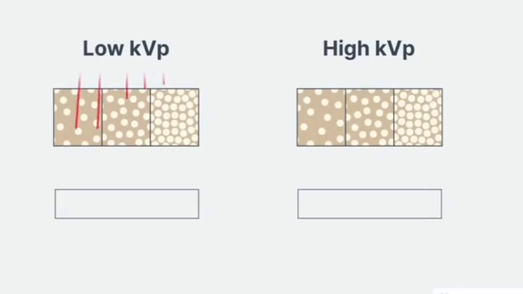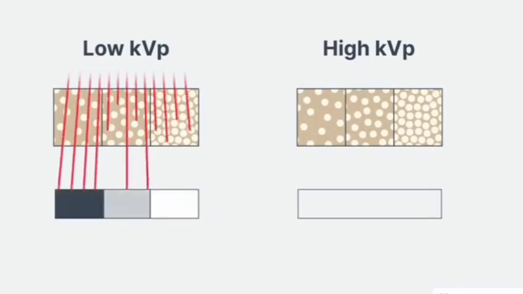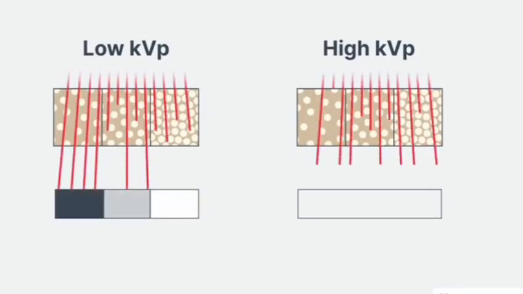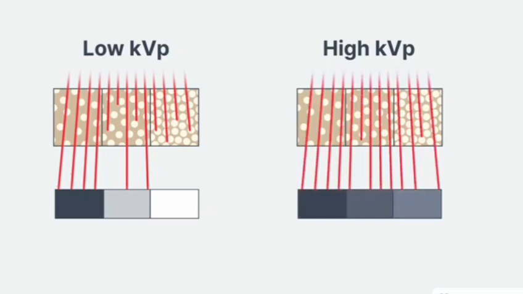Changing the KVP affects the signal difference in the remnant beam. When the KVP becomes too high for the part being imaged, the part is overly penetrated and the signal differences exiting the patient are very small. It's possible for the signal difference to be so similar that the computer cannot detect any differences and the resulting image contrast is degraded.